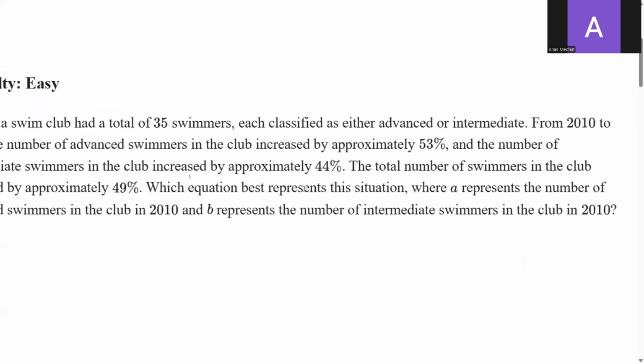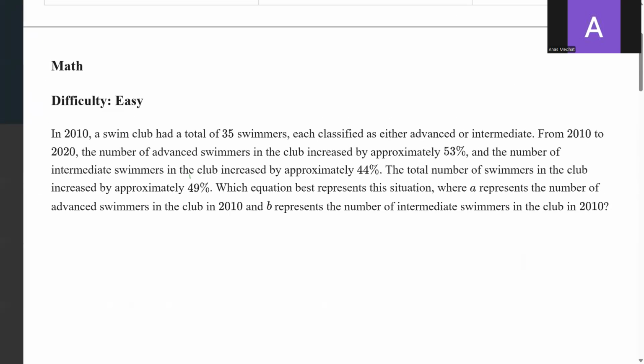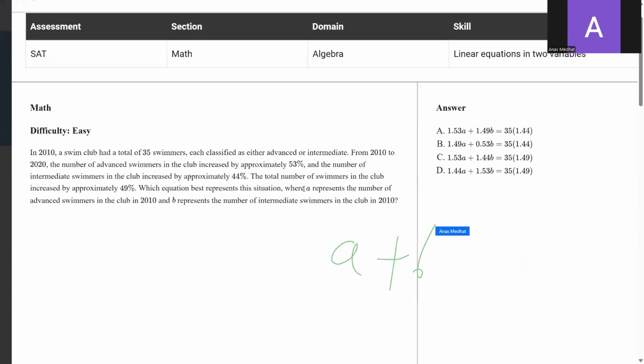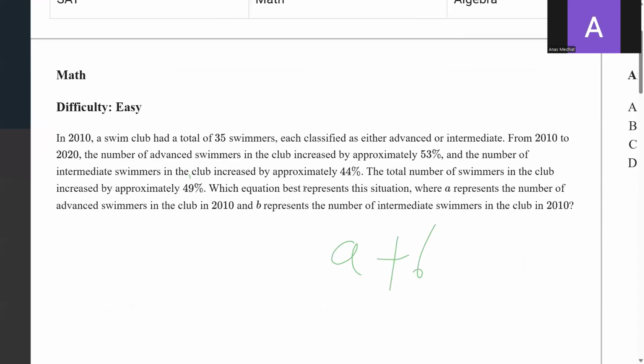Easy question. So we have A plus B equal to 35, right? A represents the number of advanced swimmers, which increased by 53%.